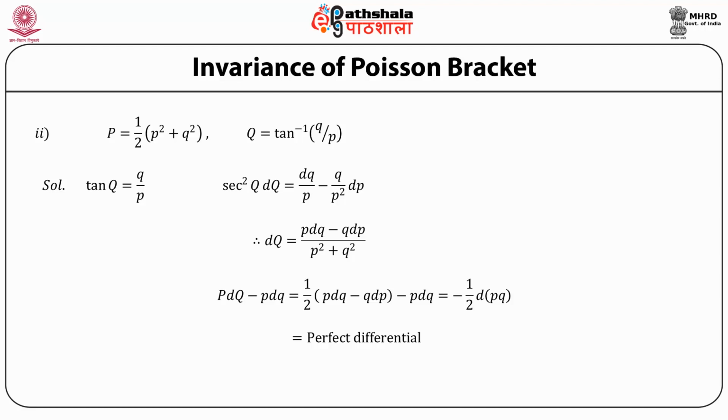Likewise, consider the transformation where the new momentum is half times the sum of the old momentum squared plus the old coordinate squared, and the new coordinate is the inverse tangent of the quotient of the old coordinate and the old momentum.